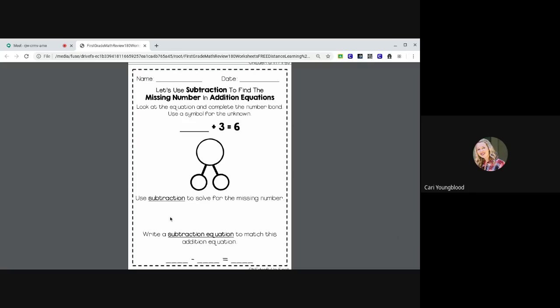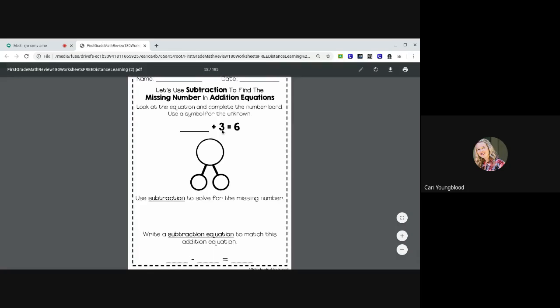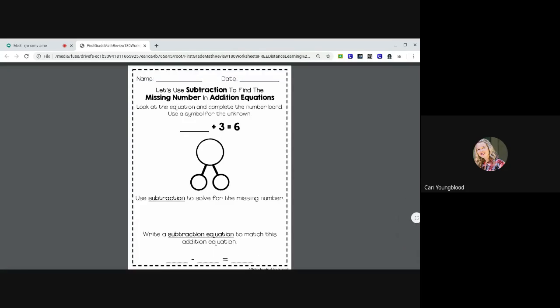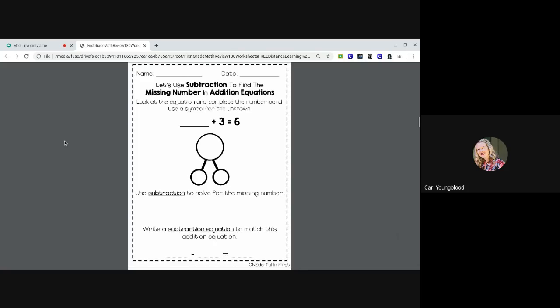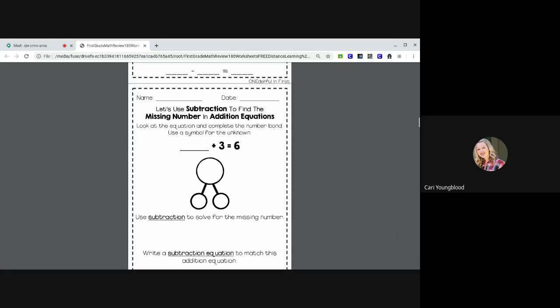So 6 minus, what part do I know? 3. 6 minus 3, and then what's my answer? If I have 6 and I take away 3, what's left? 3. Very good. So make sure you have 6 minus 3 equals 3, and you can fill in your missing part. That's a 3. Good job, guys.